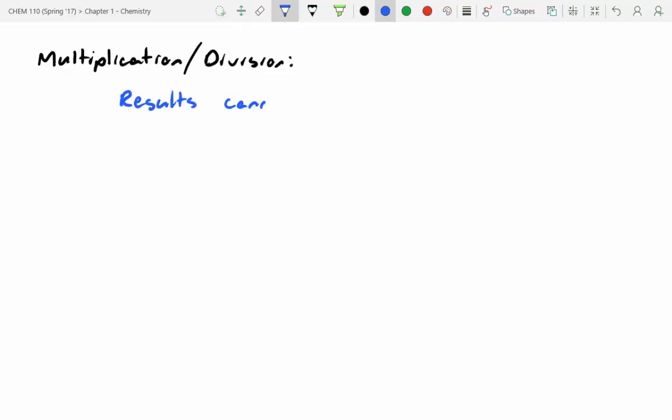Your results cannot contain more significant figures than your number with the least sig figs. Oh my goodness, I can't spell today.